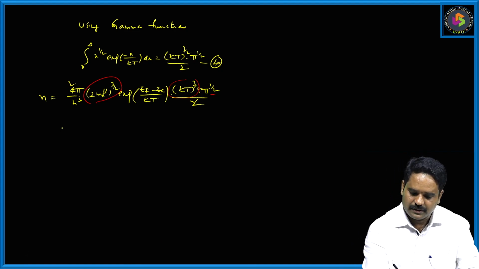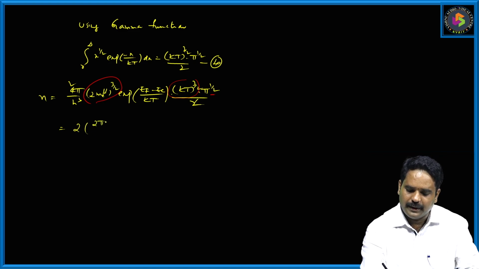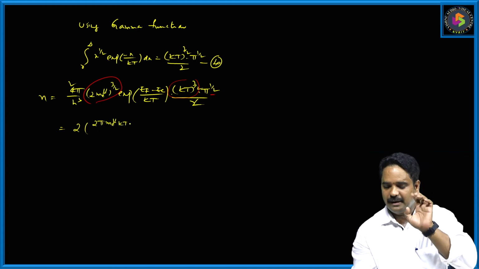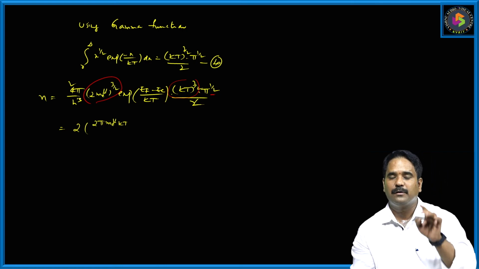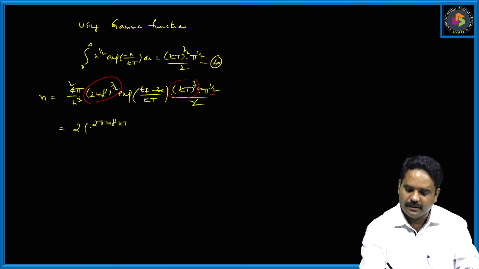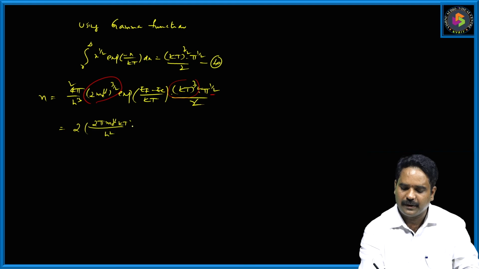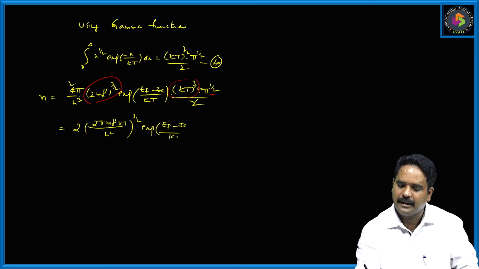Then we can write (2π me star kT) to the power of 3/2, and h cubed can be written as (h squared) to the power of 3/2. So n equals 2 into (2π me star kT by h squared) to the power of 3/2 exponential of (Ef minus Ec) by kT.